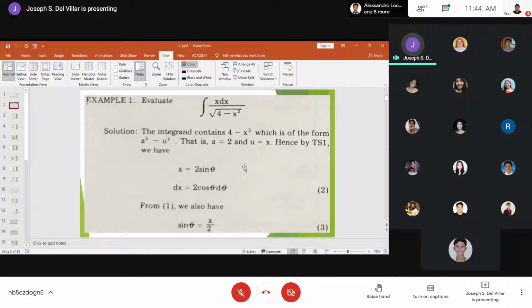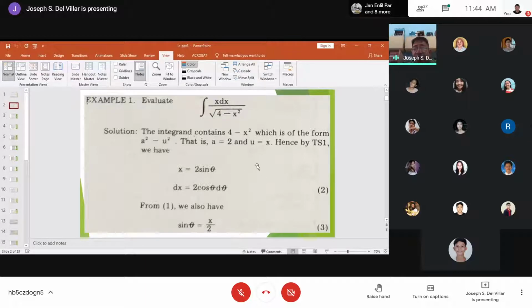O, yung sine theta equals x over 2, gawa na natin ng right triangle na yung theta is the angle and alam natin na kapag sine of the angle, ano yung formula na yon? Yung SOHCAHTOA, di ba? Sine theta is equal to opposite over the hypotenuse. I-equate nyo yon, x over 2.